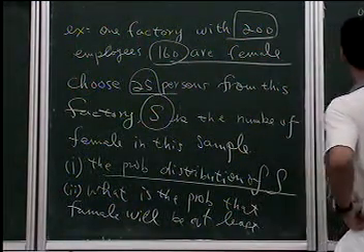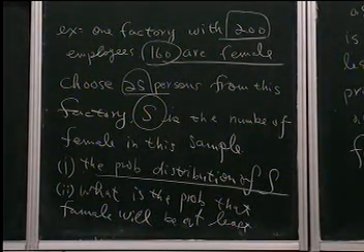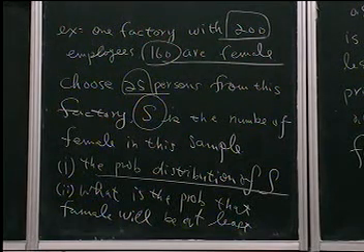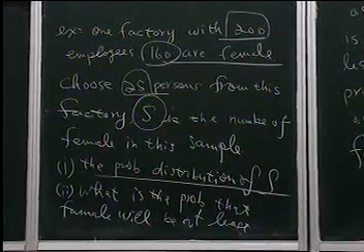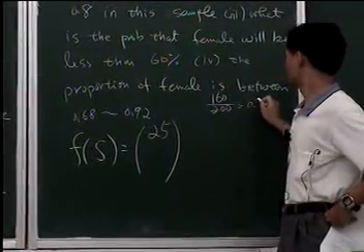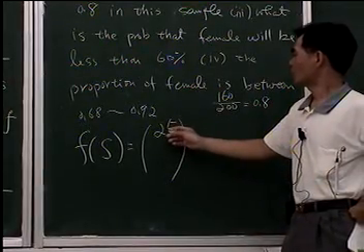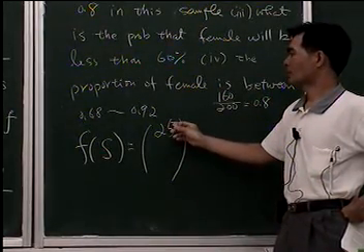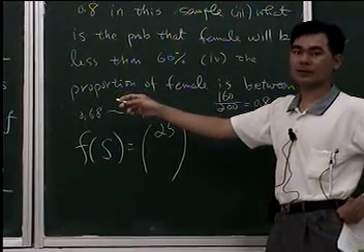The total is 200, and the number of female is 160. So what's the probability when you choose one person from this group that this one is going to be a female? 0.8, right?